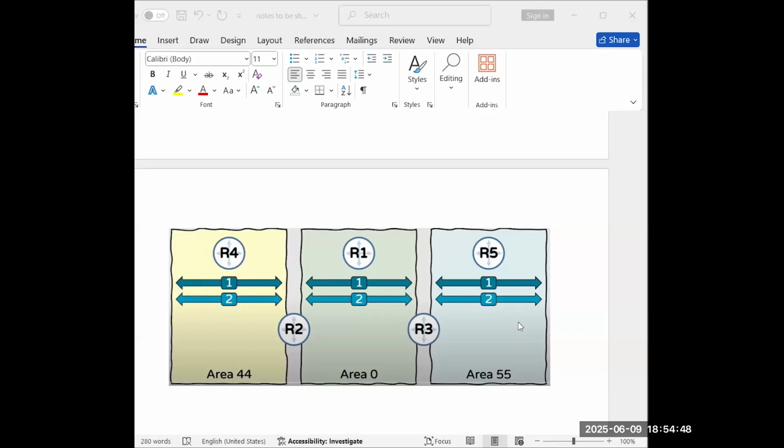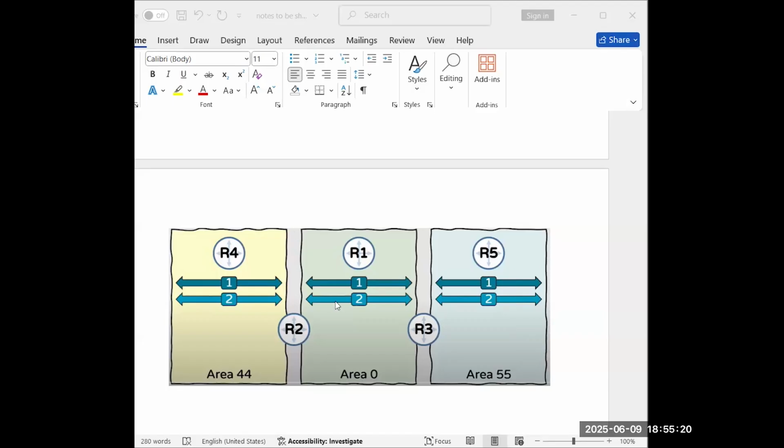Like initially we were discussing hello packets being sent, similarly these LSA packets are also sent within the OSPF process in a periodic manner. Here we have different types of LSAs, as we have ABR routers and ASBR routers.